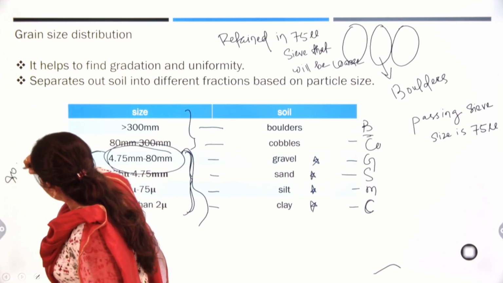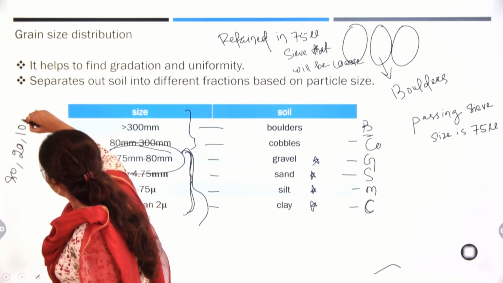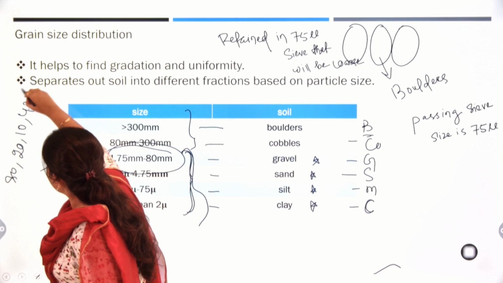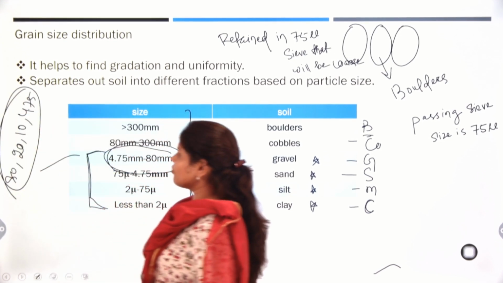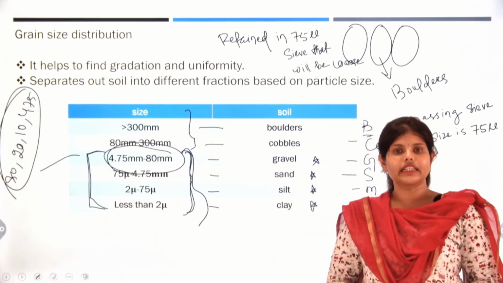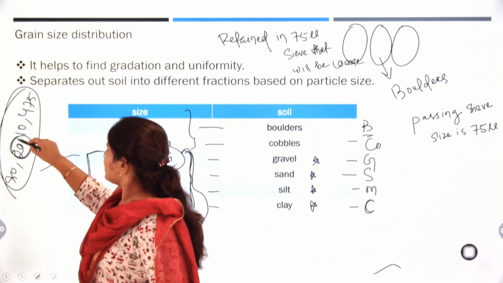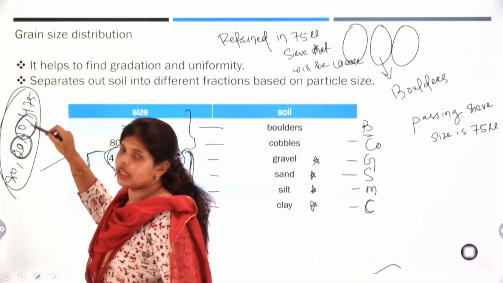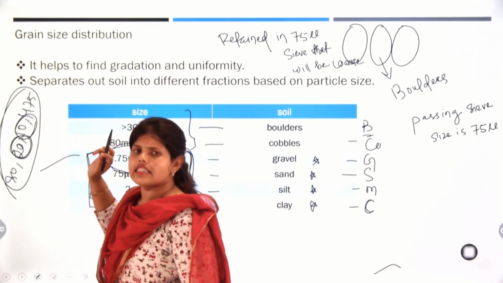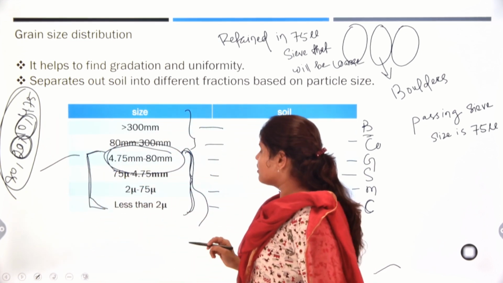So, 80, 20, 10, 4.75. To differentiate gravel, if the soil is passing the 20 mm sieve and retained on the 10 mm sieve, we also term that as gravel. Okay, understand?